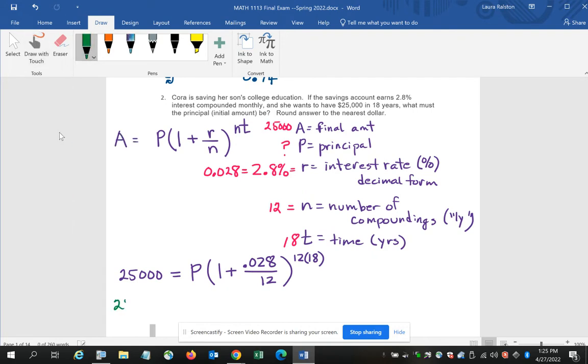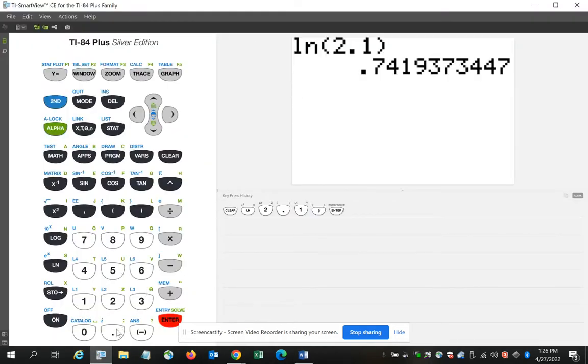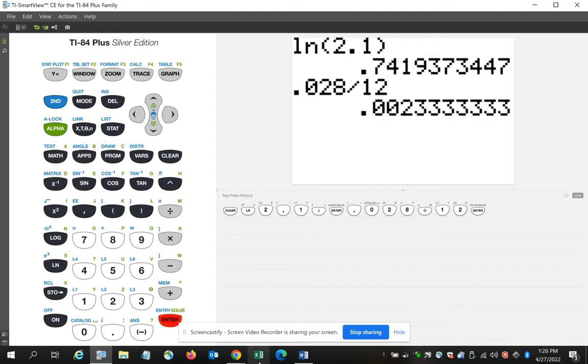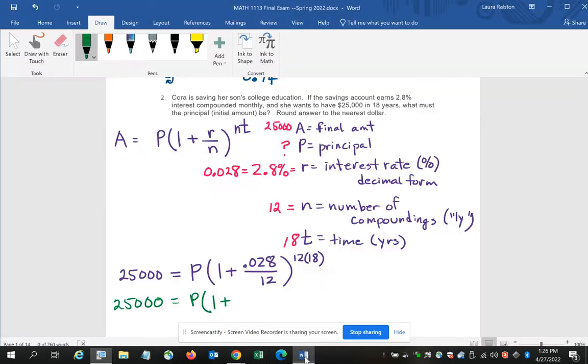I would have 25,000 equals P times 1 plus, and I'm going to do that division. 0.028 divided by 12 equals 0.0023 repeating, so we have 0.00233333.